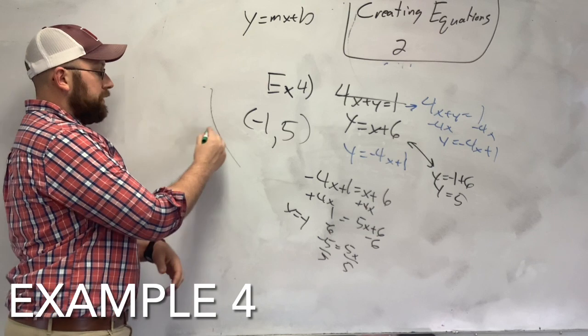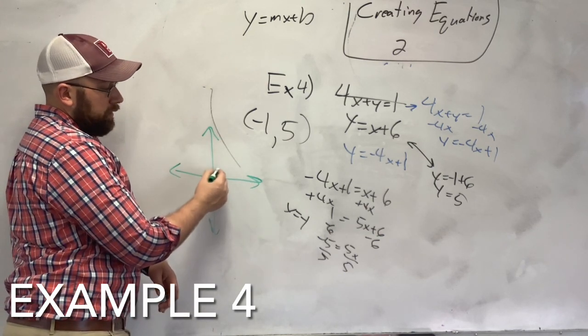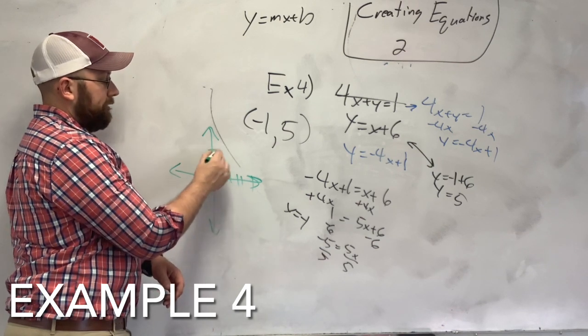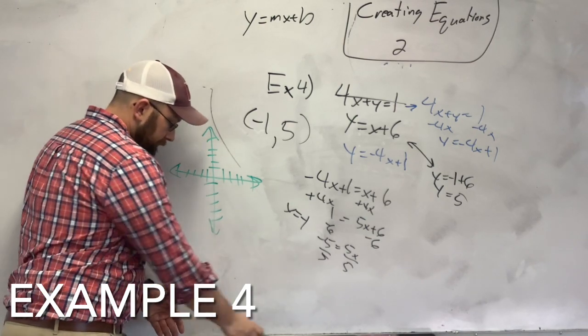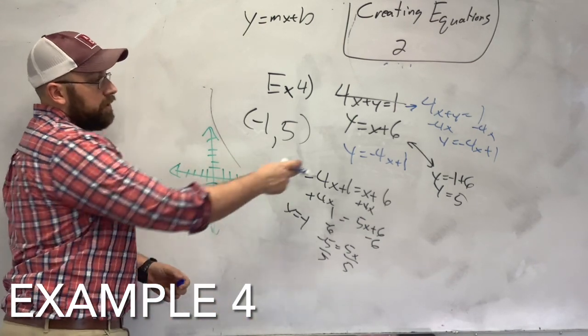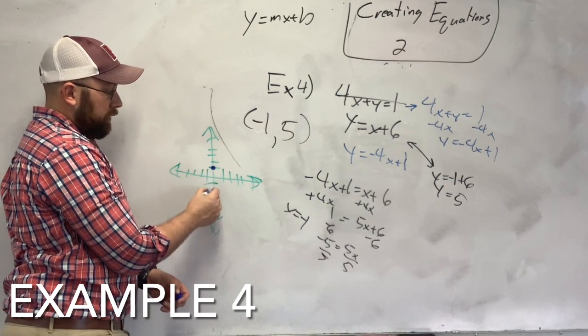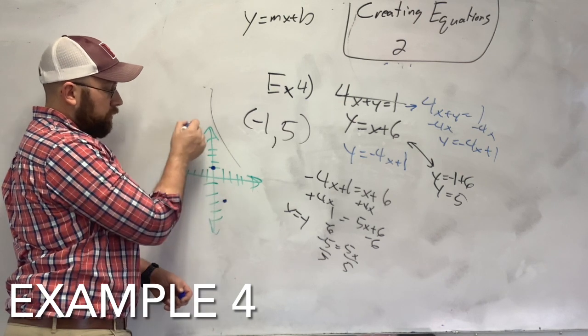So let me graph it just to see if I'm kind of close to the right answer. 1, 2, 3, 4, 5. I'm going to graph this bottom one in blue. So I start at 1, 4, over 1.